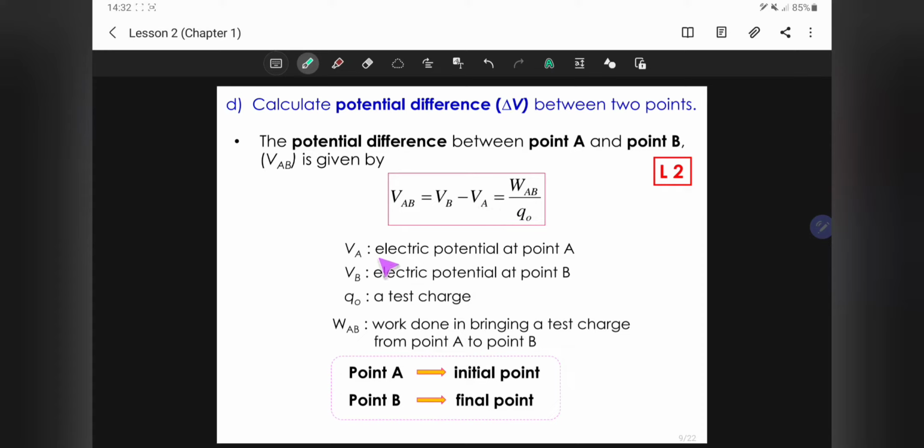VA is the electric potential at point A, VB is the electric potential at point B, Q naught is our test charge, and WAB is the work done in bringing a test charge from point A to point B. So A represents the initial point, and B represents the final point.